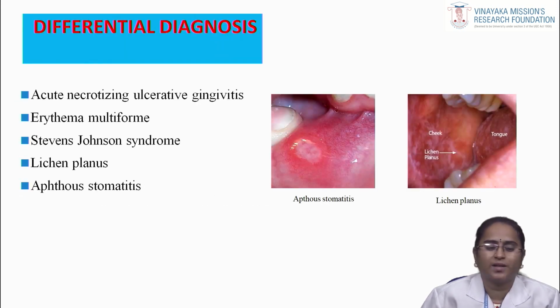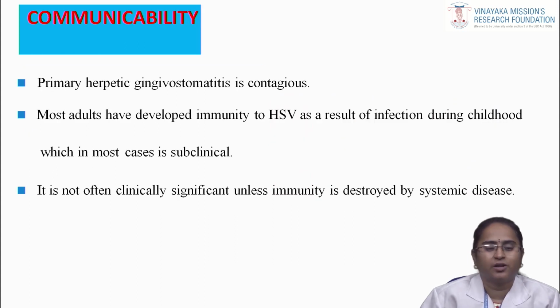And differential diagnosis includes acute necrotizing ulcerative gingivitis, erythema multiforme and Stevens-Johnson syndrome, lichen planus and aphthous stomatitis. In case of aphthous stomatitis, as I mentioned earlier, the central white halo portion will not be there, whereas in herpetic gingivostomatitis it will be present.